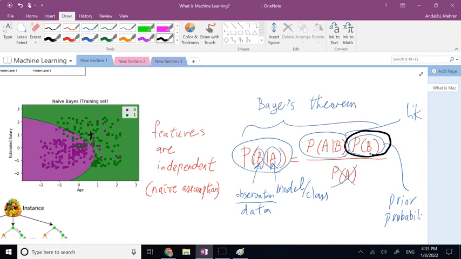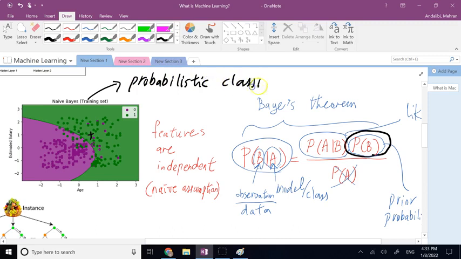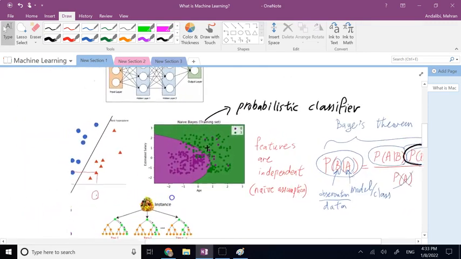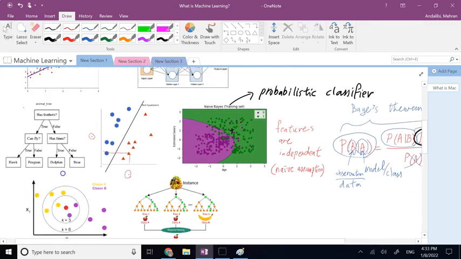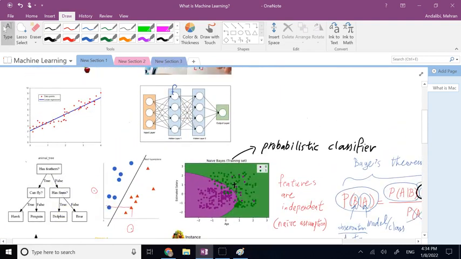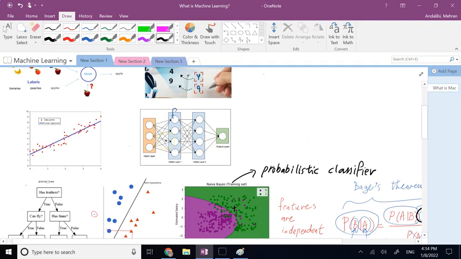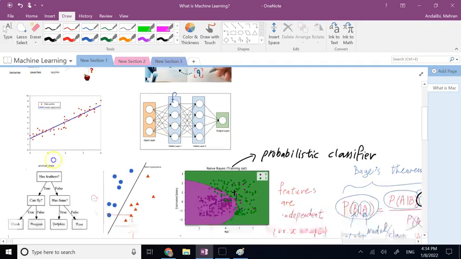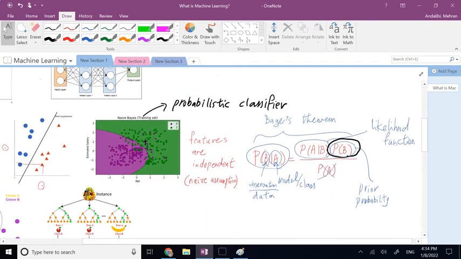But what this naive Bayes classifier is, it is a probabilistic classifier. The previous classification methods that we have done, like KNN or, for example, the perceptron neural network, give me a crisp answer.